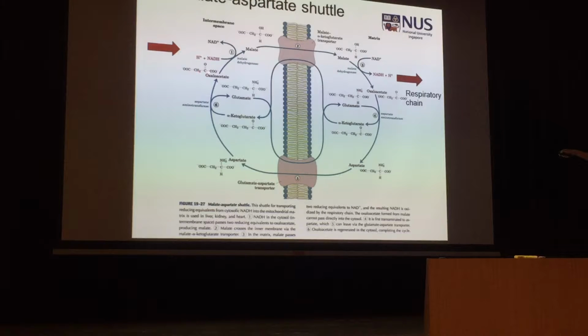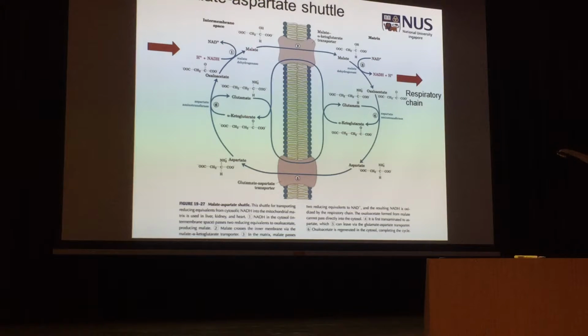So if you see oxaloacetate, the structure has two carboxylic groups at the end, and the malate version is just the hydroxy version. This is a C=O, this is a C-OH. Did you see it has taken up the hydrogen from the NADH, from C=O to C-OH?